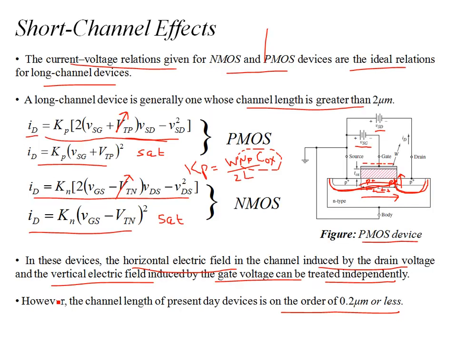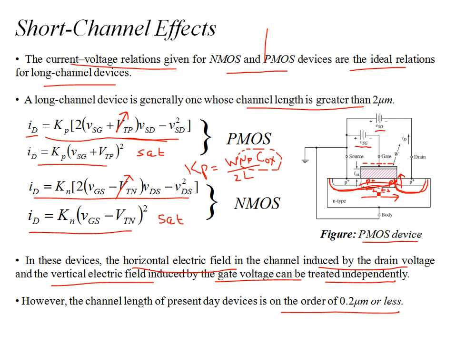The horizontal field, which was independent in the larger channels, gives the driving force for the charges to travel from source to drain and conduct the current. But now the vertical field is not independent, so it is going to interfere with the horizontal field. Increasing the vertical field interferes with the horizontal field, thus reducing the current.